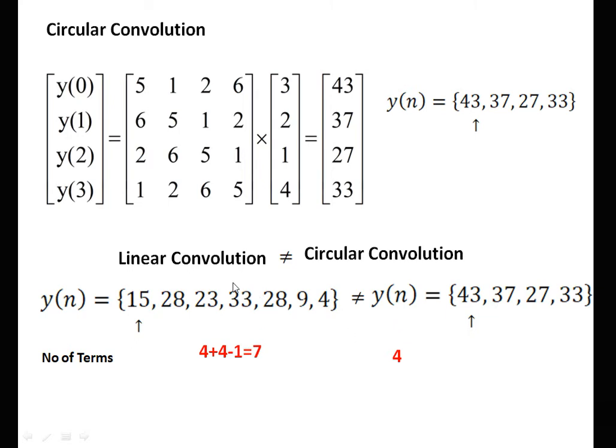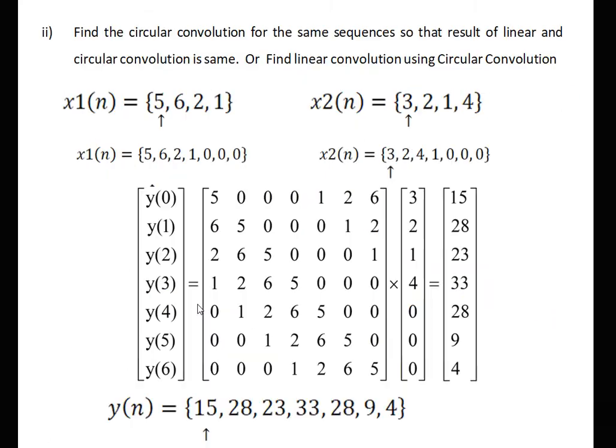Now in the next method, we need to obtain this result of linear convolution using circular convolution. For that, we need to make some changes. To get such a result in circular convolution, the number of terms should be 7. Here the number of terms is 4, therefore the result is 4. To get 7 terms in the circular convolution and match the result with the linear convolution, we pad extra zeros, 3 zeros, to make the length of the signal 7.